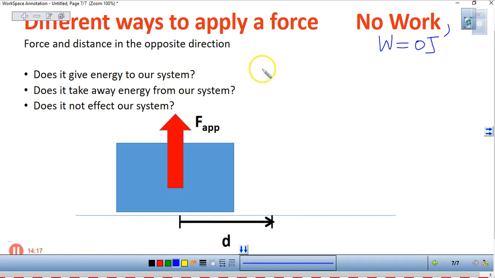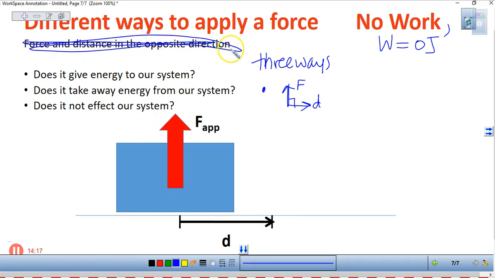There's 3 ways. The first way is the direction of the force and the distance are perpendicular. This is wrong. I just noticed that. Don't read that.